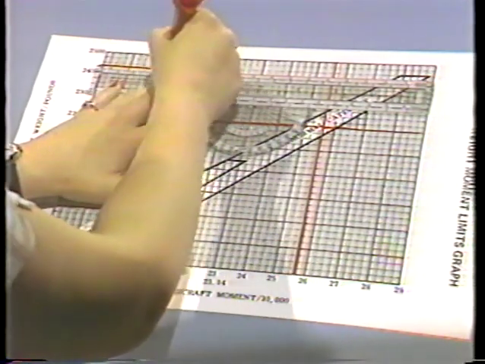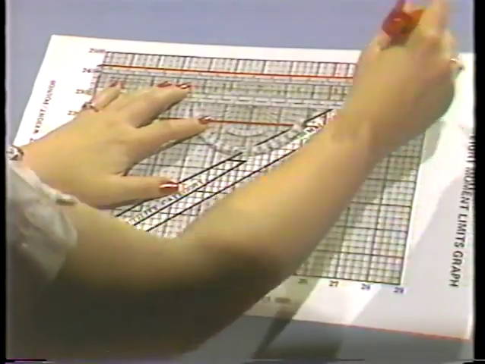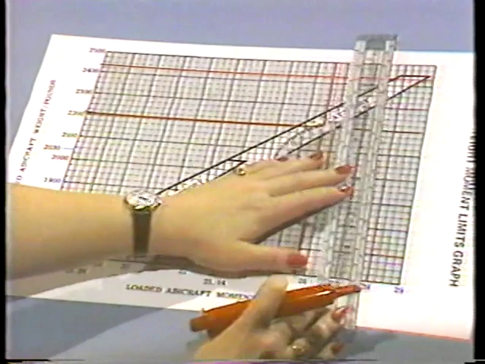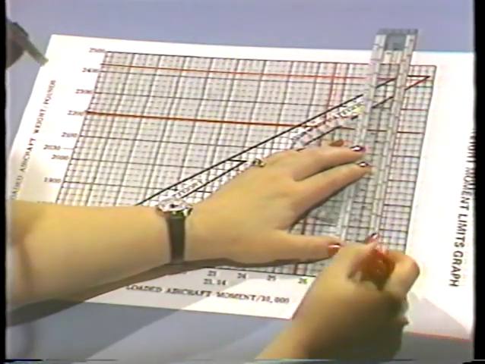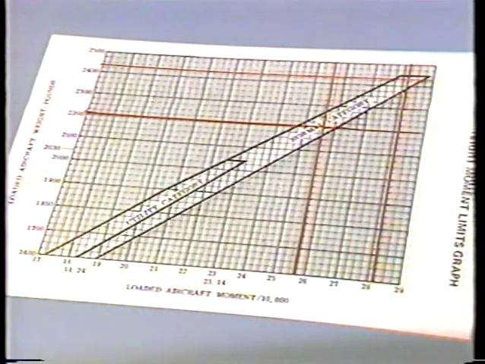Then draw a line across the graph, intersecting the center of gravity envelope on the horizontal axis. Find the moment of 2,824.5. Draw a line up the graph through the center of the envelope. Do the two lines intersect on or inside the envelope? They do, and the ramp condition is within the manufacturer's specifications.